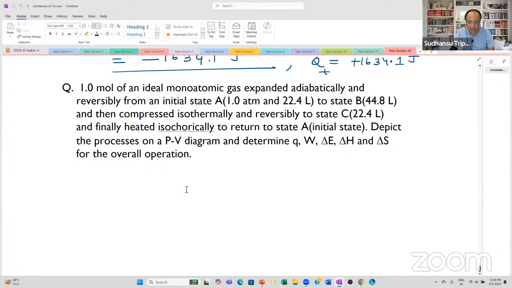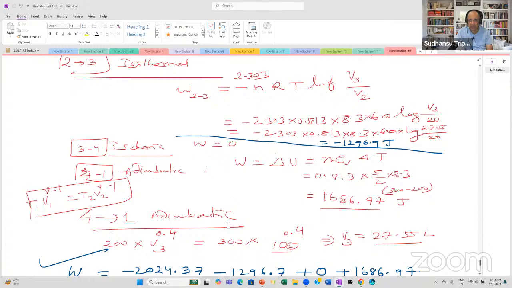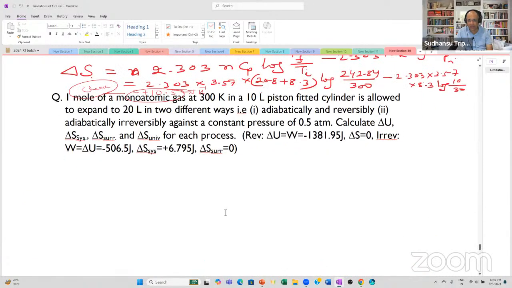This is a cyclic system, a question based on a cyclic process. And this one is simple, a simple determination of del U, del S, del S surrounding.